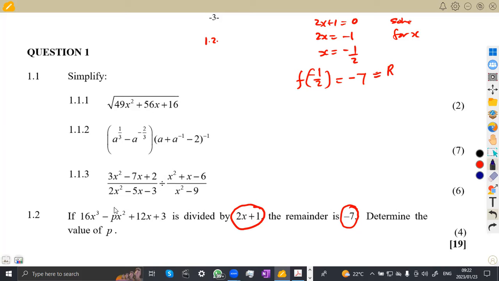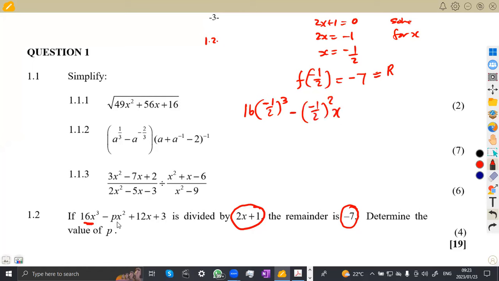If we substitute this value here, we must obtain this remainder. So that's it directly, just substitute. Let's substitute, guys. We've got 16x to the exponent of 3, that's 16. Our x is minus half, so it's minus half to the exponent of 3. Minus px squared, so it's minus p times minus half squared.